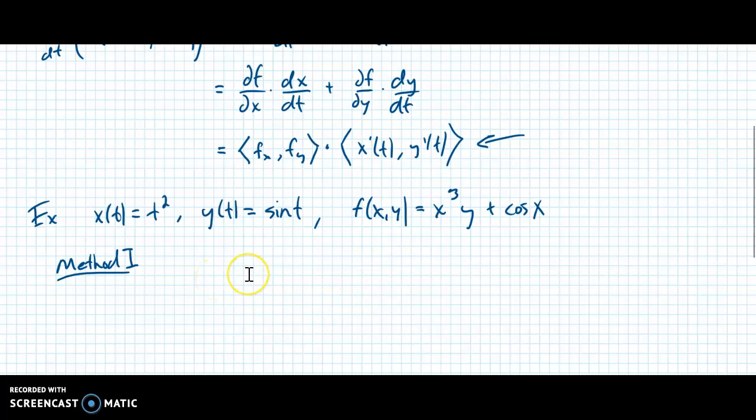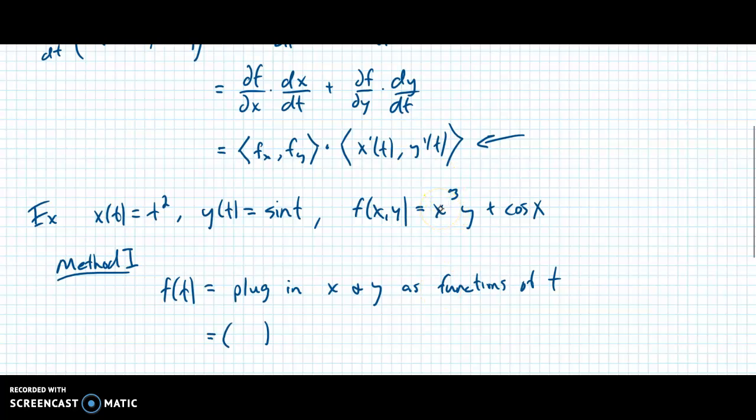So what I'm going to do is f of t equals, look, I got f of x comma y. And here x is a function of t and y is a function of t. So what I'm going to do is plug in x and y as functions of t. What do I mean by that? Well, look, I got x cubed here.